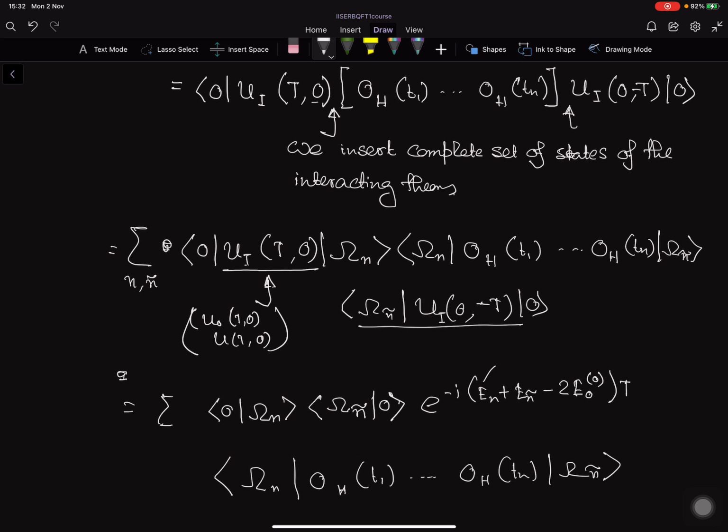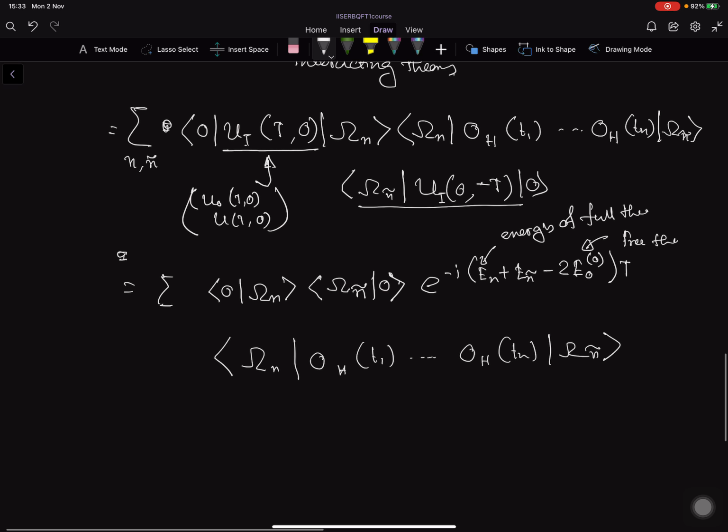Okay, so these are the energies of the full theory, and this is the energy of the free theory. Okay, so this is the expression.